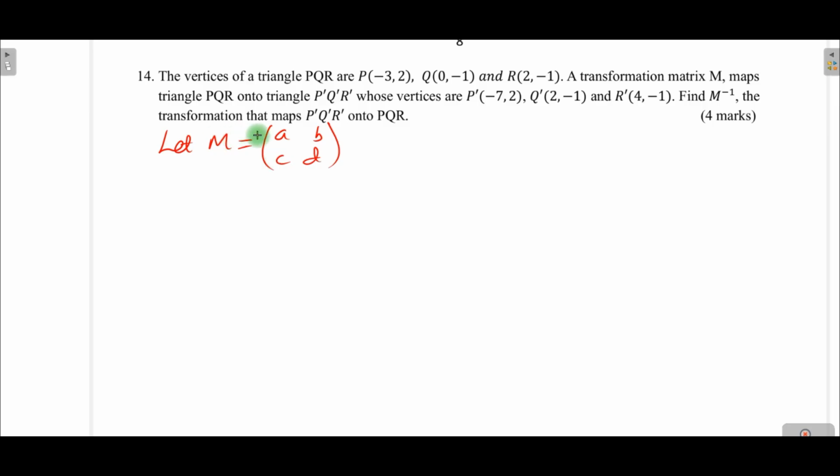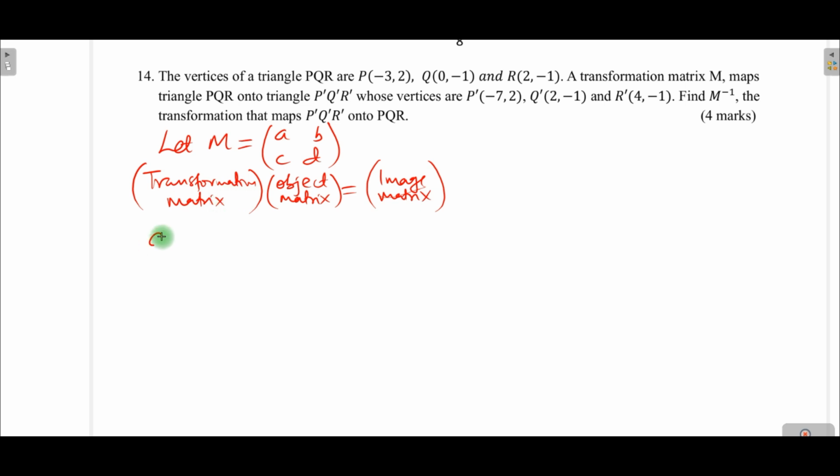If we take the transformation matrix M and multiply by the object matrix, we are going to rewrite the object in terms of matrix so that we multiply them. We are going to get the image matrix. We need to find the values of A, B, C, and D.